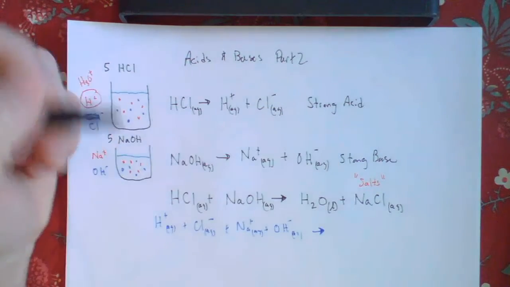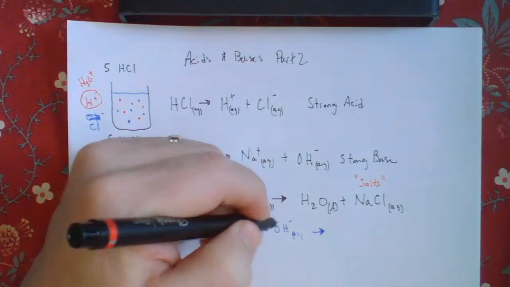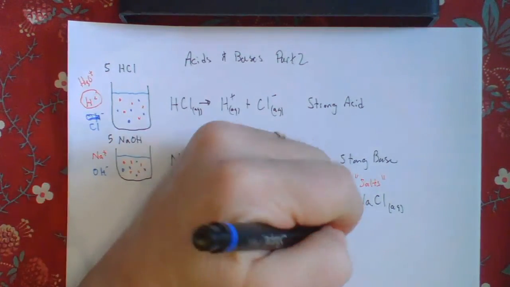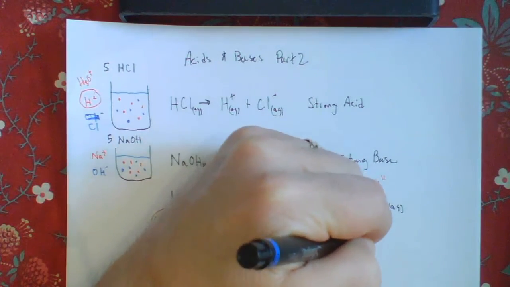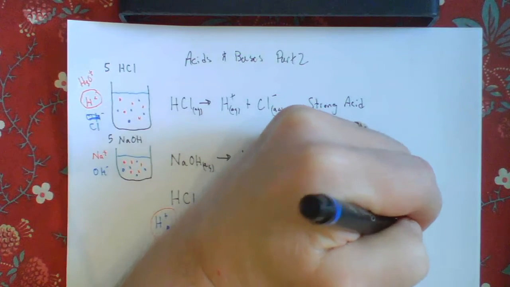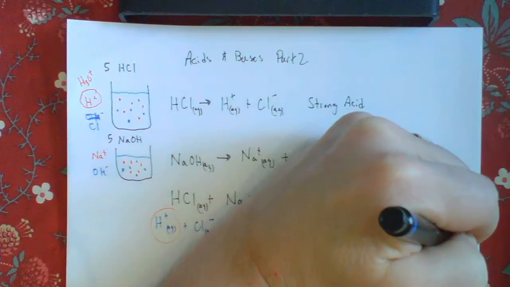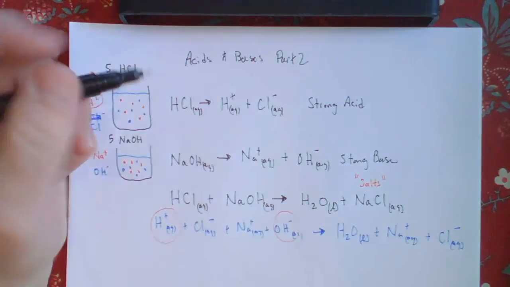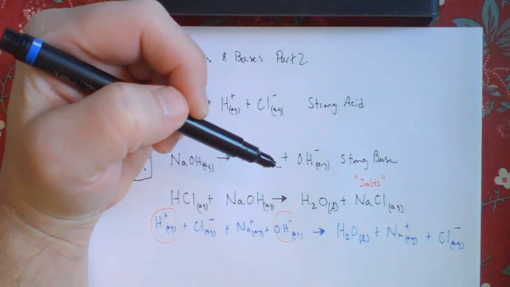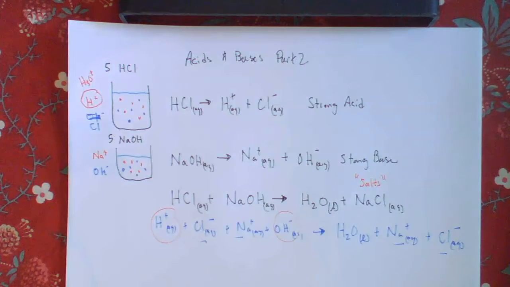Then what happens is we take this hydrogen right here and this hydroxide right here to make our water. But these other things are still going to remain as ions in solution. So these ions in solution are going to be our spectator ions. Those are the ones that get dropped out when we write our net ionic equation.